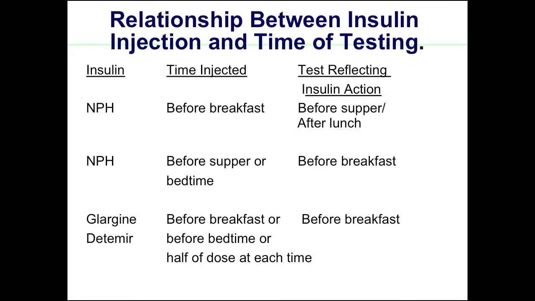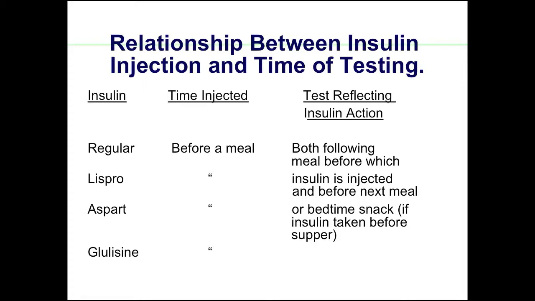And so here is the key slide as to how you judge insulin dose changes. Each one of these insulins taken at these times, the test that reflects their action is over here, and the goal is to get at least 50% of those numbers at target, and you keep going up on that part of the insulin prescription until you arrive at that.